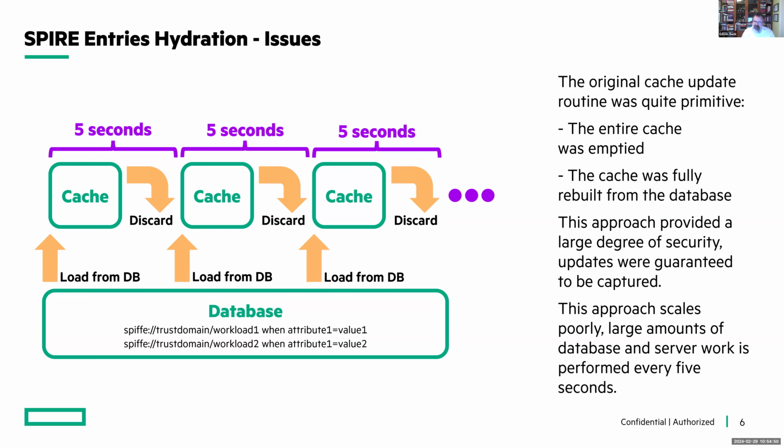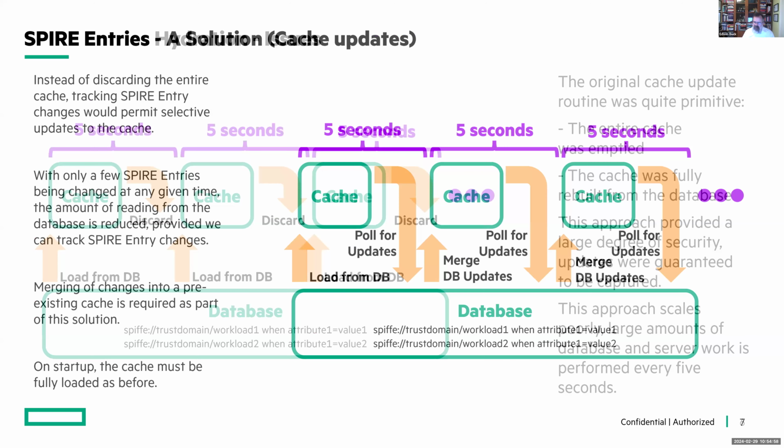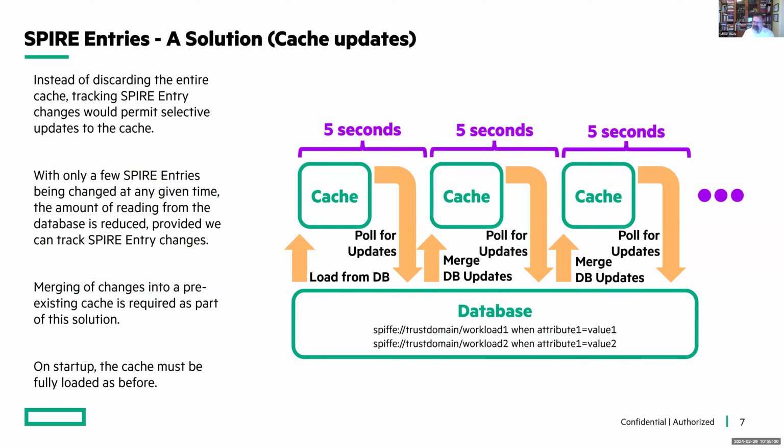So what we did is we needed a new approach. And the new approach involved actually taking the cache and, instead of rebuilding it from scratch, just simply polling for updates and pulling the changes into the cache. And this concept meant that unless you were literally getting rid of every one of your SPIRE entries and then recreating them all, you were going to get fewer updates than you would with the entire cache.